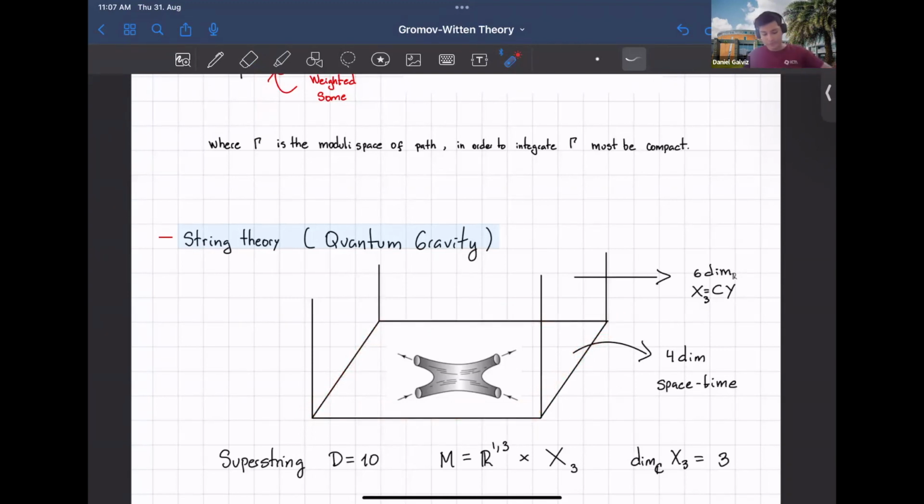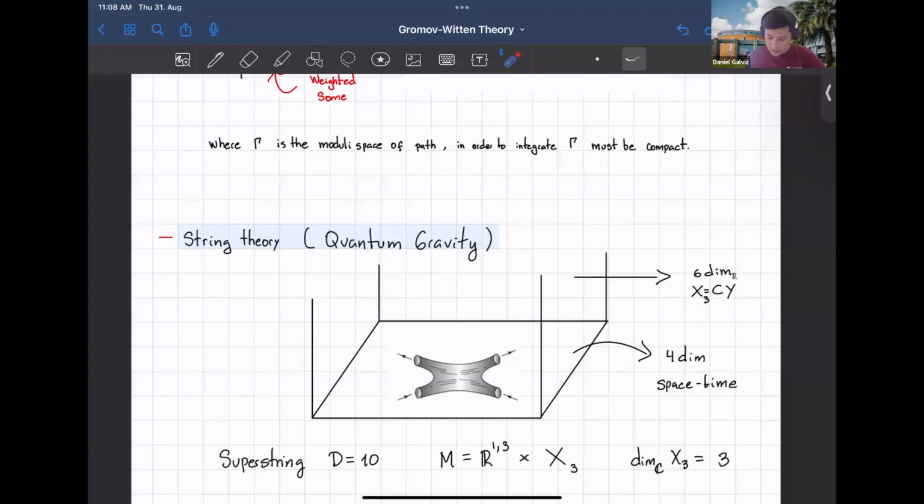And each of these fibers is going to be a 6-dimensional manifold. We will explain later why this manifold is actually a Calabi-Yau, and this is what is called our ambient space.